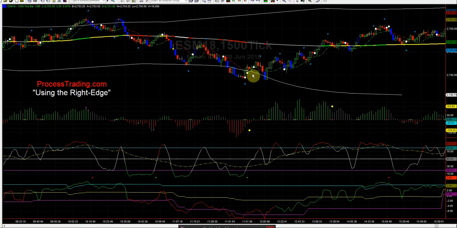Now, one place that you could have taken a trend trade, it's kind of hard to see, but the process trading VWAP here is gray. So that means that you can take a trend trade to the downside anywhere there is a timing alert dot above the price bars.